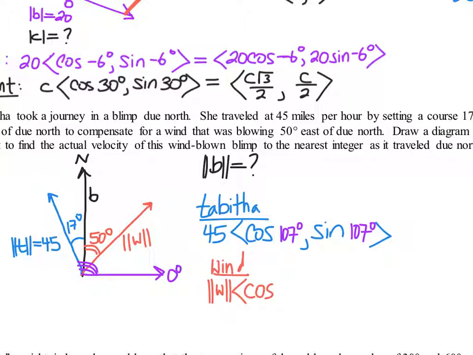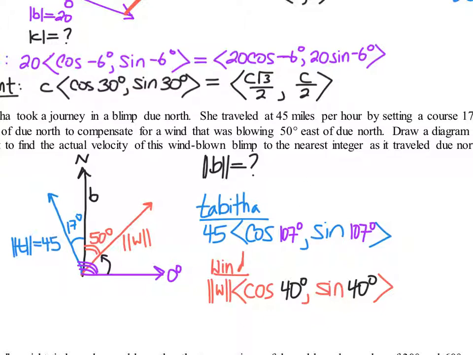Now that angle here, we'll just draw it with an arrow. Well, it's 50 degrees east of due north. The complement of that would be 40 degrees. So we have a setup for both Tabitha and the wind.